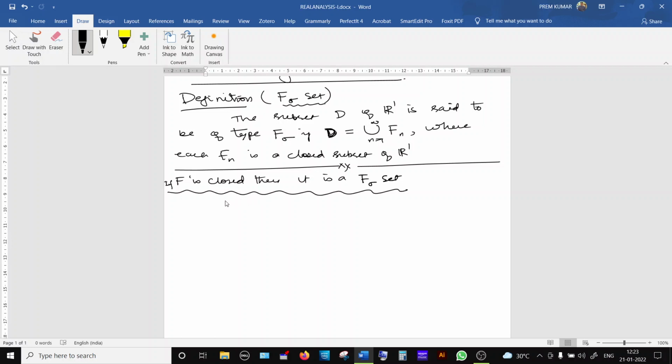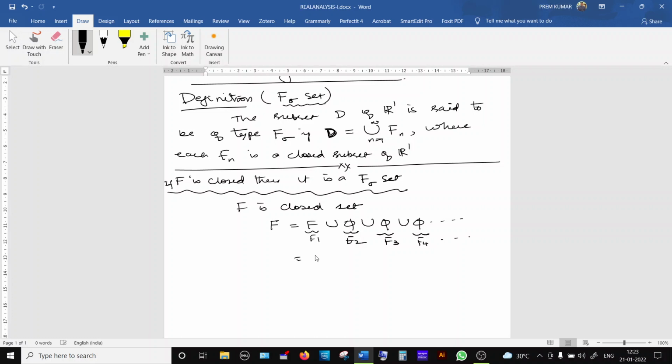Now suppose I take a closed set F, and now I am going to write F like this. I name this set as F1 and this set as F2 and this set as F3, F4.